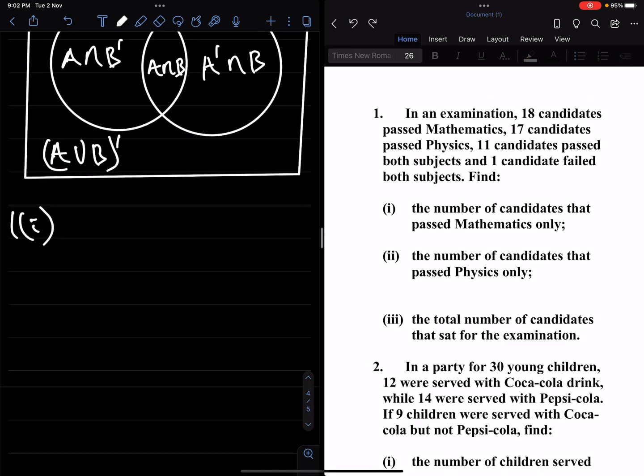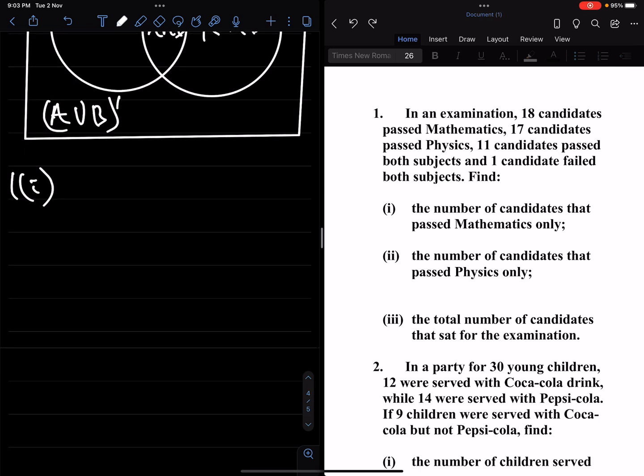So let's go straight to the questions. In our examination, 18 candidates passed mathematics, 17 passed physics, 11 candidates passed both subjects, and 1 candidate failed both subjects. Let's represent that first of all.